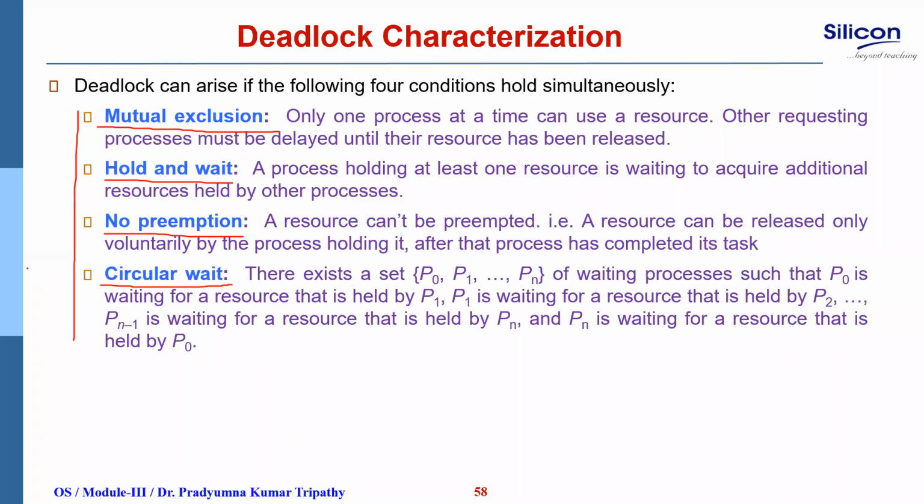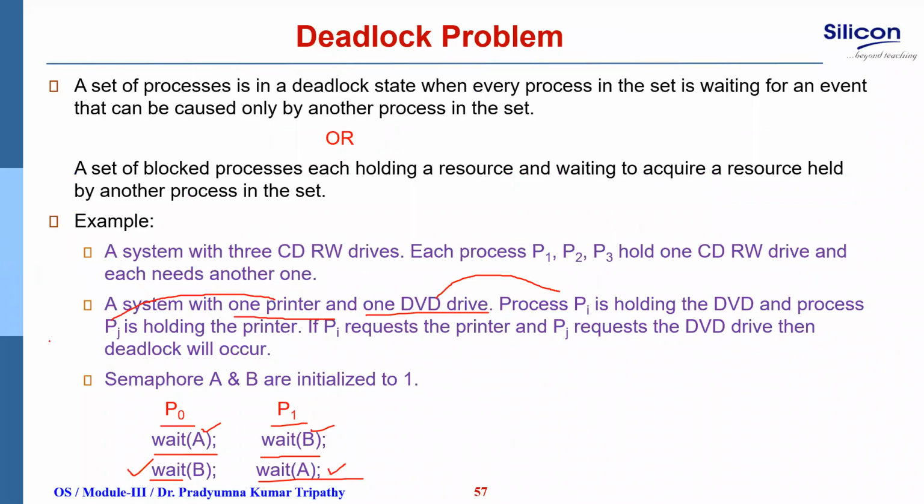The second one is hold and wait. If you look into those examples, every process is holding some resource and waiting for another resource. See, it is holding A, waiting for B. This is holding B, waiting for A. This is holding the DVD, waiting for the printer.